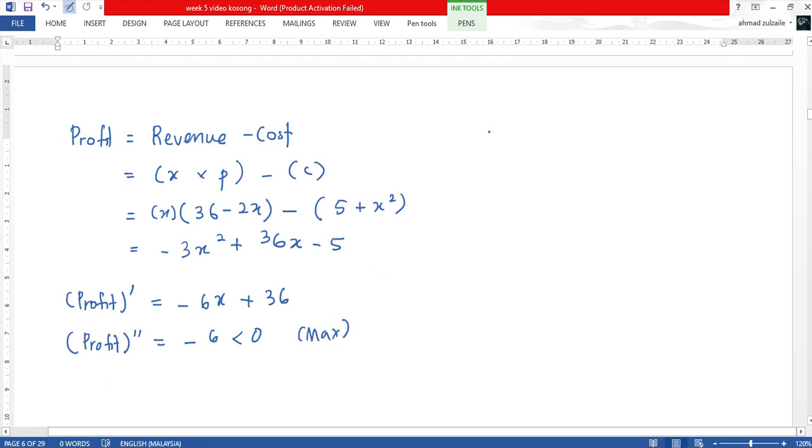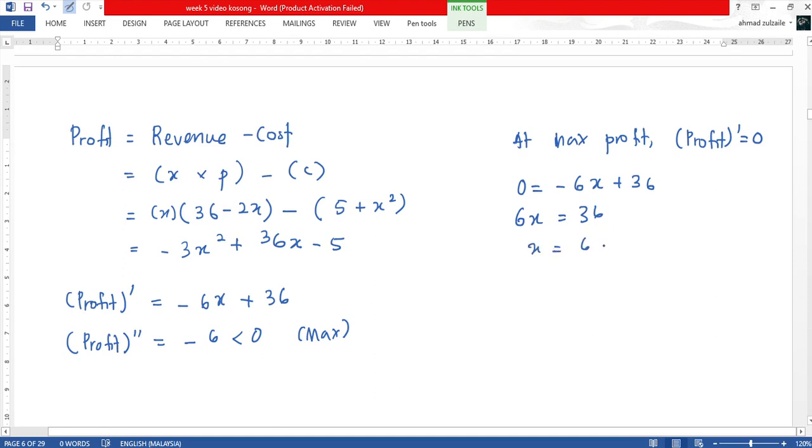But what is the x value? Therefore, at maximum profit, we say profit prime equals 0. So 0 equals negative 6x plus 36. So 6x equals 36, so x equals 6, which is 6 times 6 is 36. No need to check because we already checked: the second derivative definitely gives a negative number, which is a maximum profit.